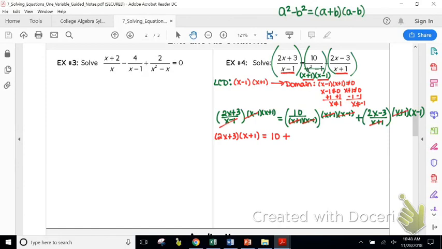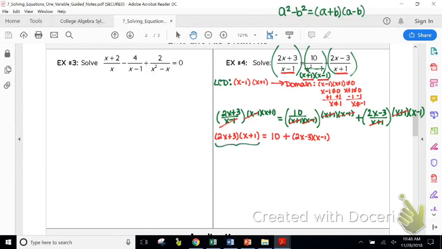So I'm left with 2x minus 3 times x minus 1. So what do we do now? FOIL. So let's do FOIL.